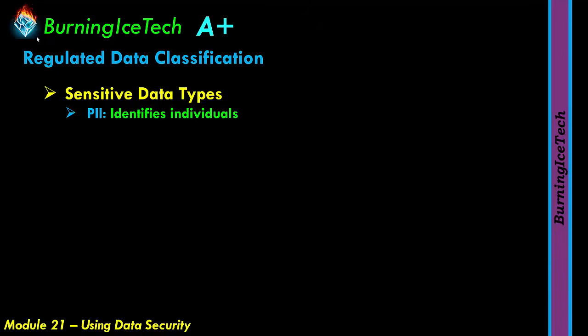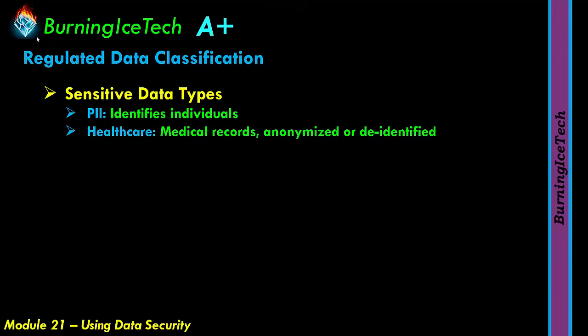Anyway, other kinds of sensitive data types you get is healthcare. Now, a lot of people, actually most people, probably don't want their medical records being published somewhere or being publicly accessible. I mean, whenever you go to the doctor, that's private between you and your doctor. You don't want other people knowing about your business. So medical records, guys, and anonymized or de-identified information, things like that.